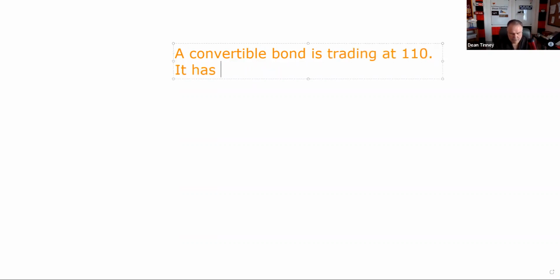It has a conversion ratio. Conversion price will be nasty because sometimes they give that to you. Let's assume they don't. A conversion price 50.